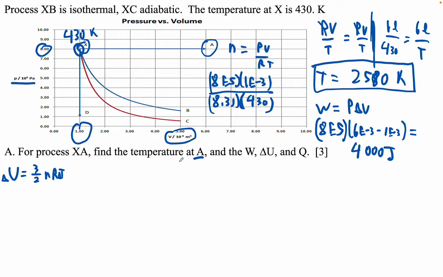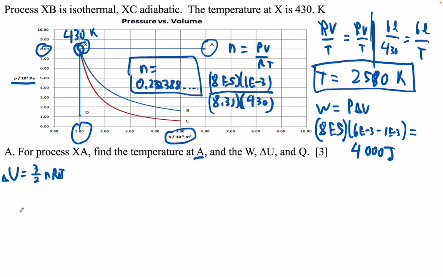This is not the way I do it, though, by the way. 8E5 times 1 E minus 3 divided by 8.31 divided by 430. And this ends up being our number of moles: 0.22388, etc. Okay, moles.